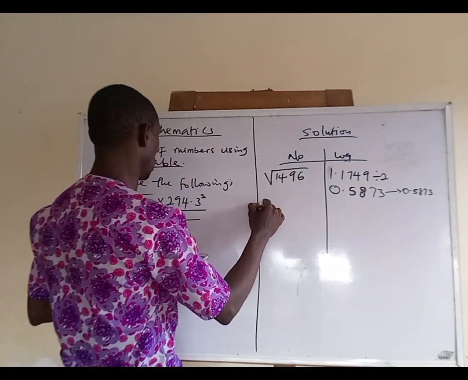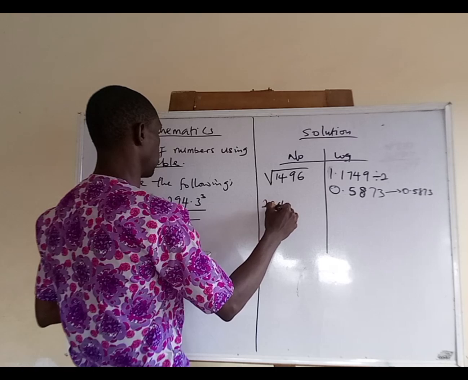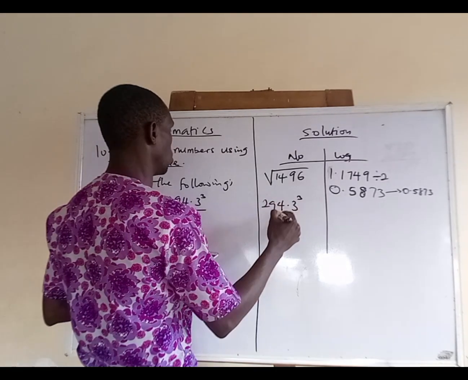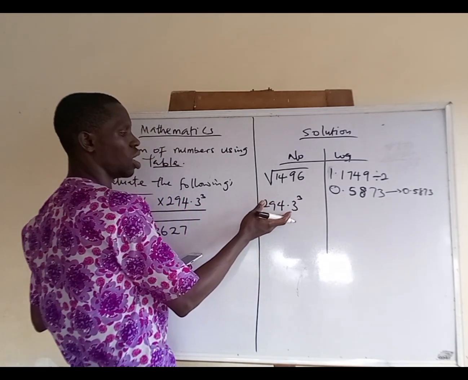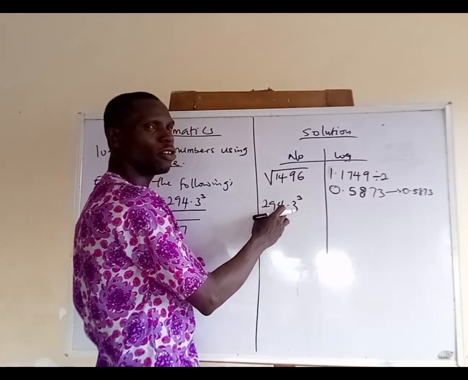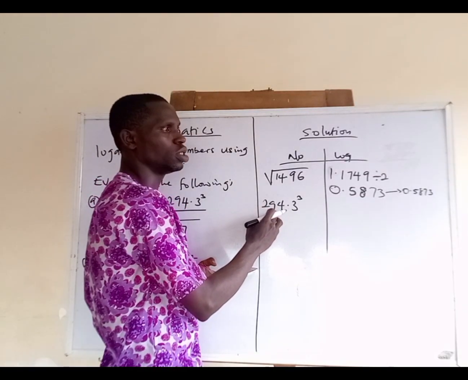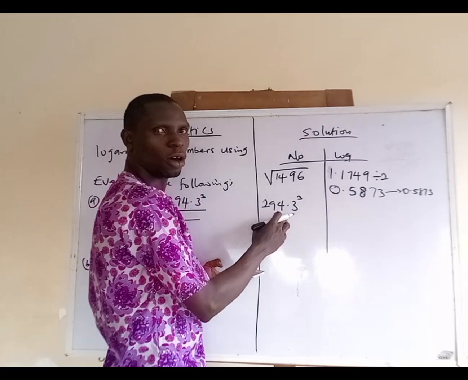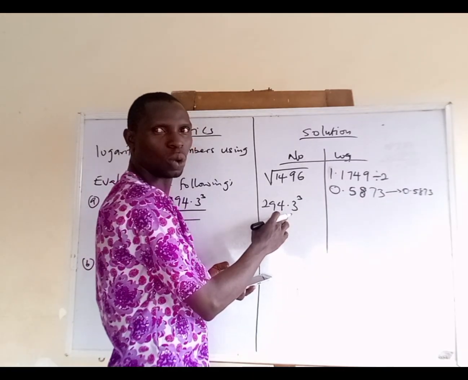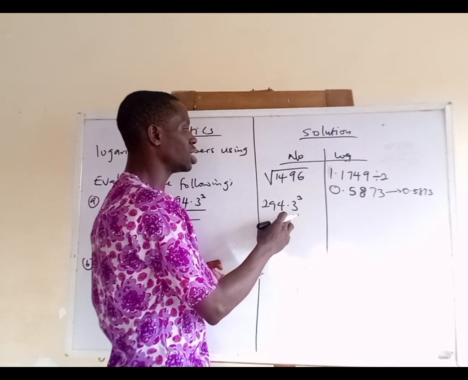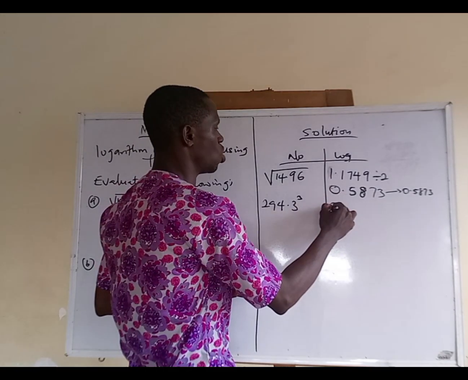Okay. So now we come to the other side. You have 294.3 cube. So with this now, we know our integer. We have how many numbers before the point? 1, 2, 3. We have 3 numbers before the point. So because we have 3 numbers before the point, we said to subtract 1 from it. So when we subtract 1, 3 minus 1, you have 2 point.